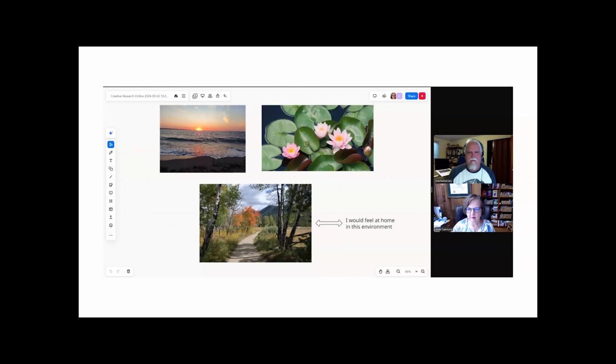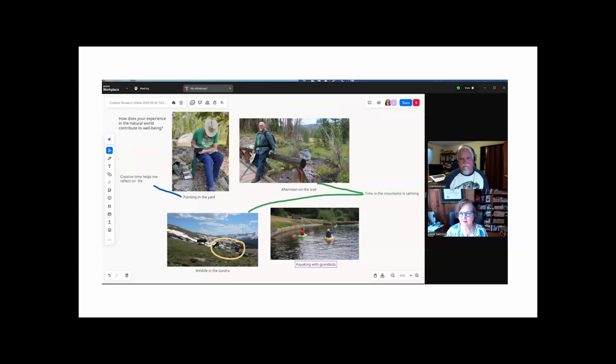I just picked a generic question here to give you an example. Or, if my participant had given me these images, well, there are no people in these images. So, if that were the case, I would negotiate with my participant to say, I'd like to use the images that you have shared with me to discuss my findings.